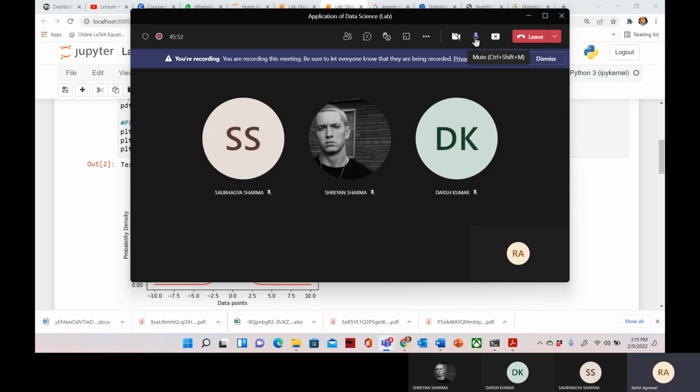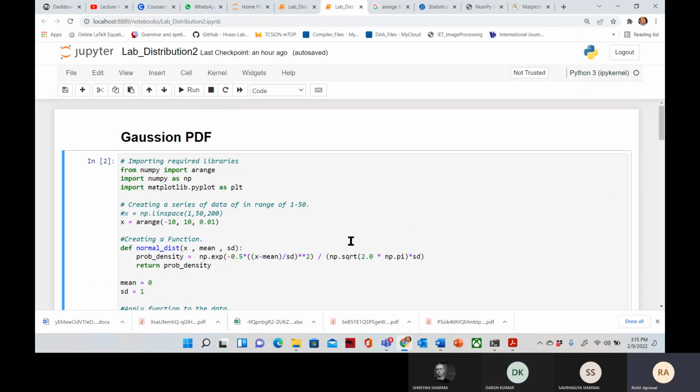Okay, so have you done? Sir, can you explain how to do it? Yeah, just see. The first thing is the same: from NumPy import arange for data points, and matplotlib.pyplot for visualization.